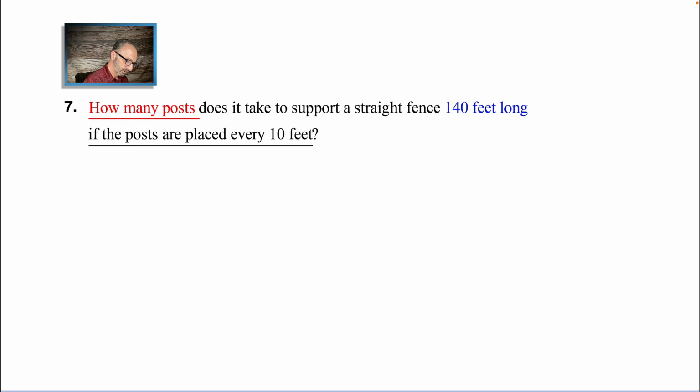140, divide by 10 to see how many tens we have. That's 14.